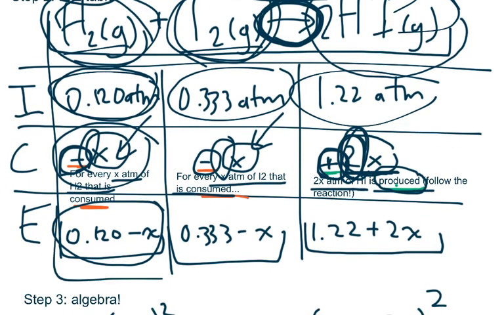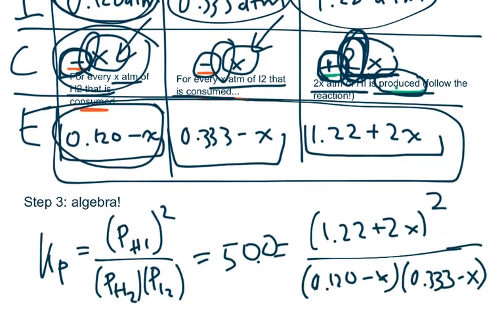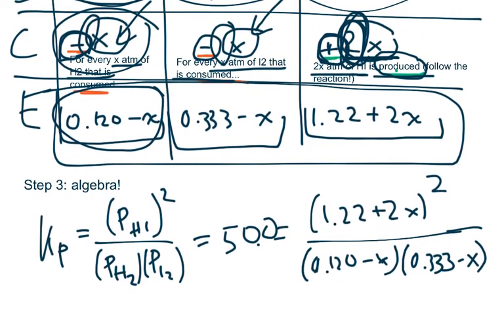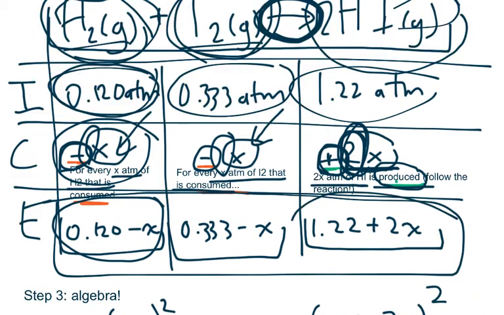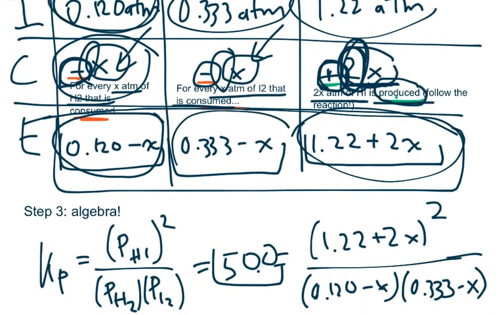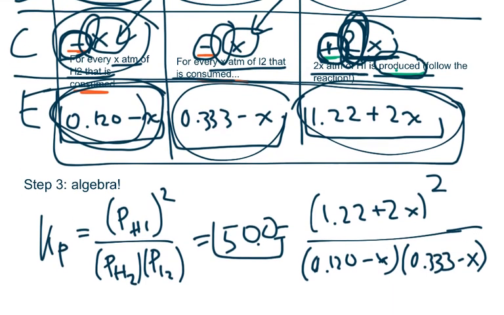So since these are all equilibrium pressures, we know that at equilibrium, the Kp is equal to 50.0 at a certain temperature, and this is equal to products over reactants. Now we do have the expressions for our products and reactants at equilibrium, so why don't we use those and plug them into our equilibrium expression? So the pressure of HI is here, the partial pressure of I2 is here, and the partial pressure of H2 is here.